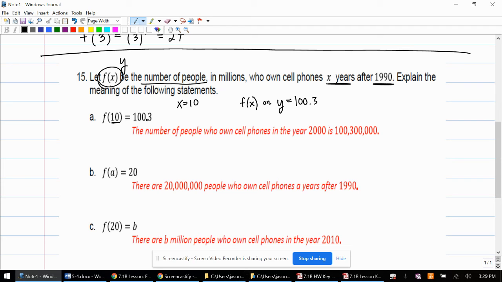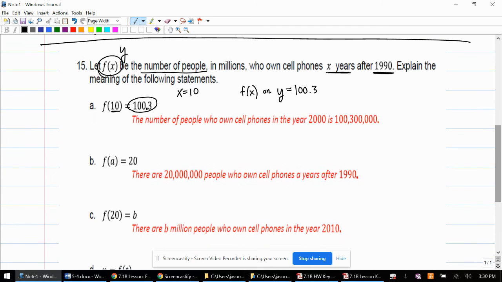And that's because 10 added to 1990 means the year is 2000. And 100.3, since we're supposed to interpret the outputs or the Y's or the f of X's in millions, is 100,300,000 people.